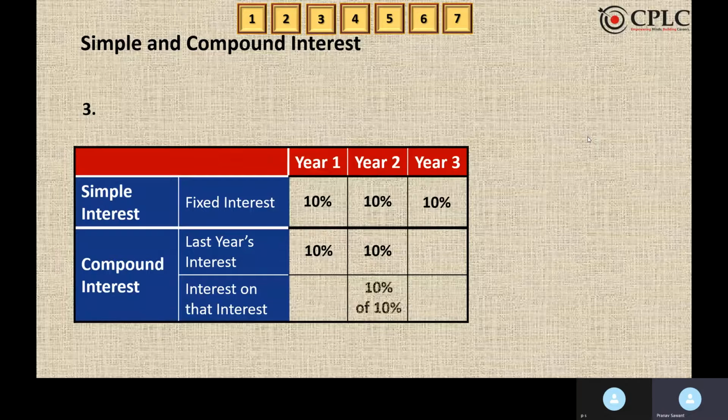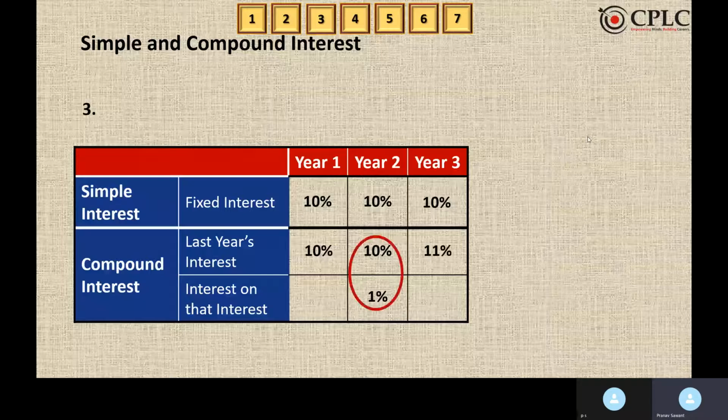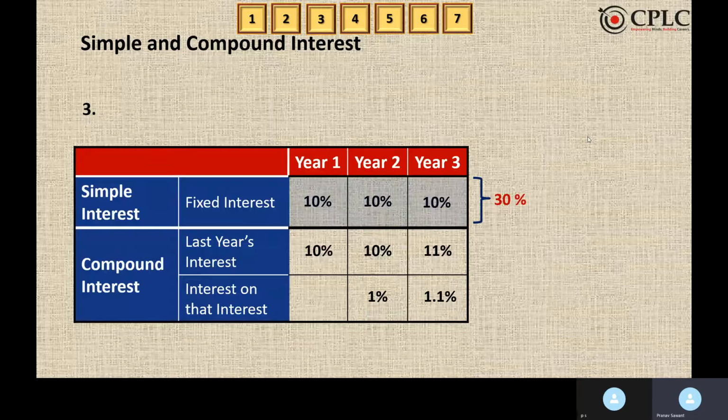So the compound interest for the second year is going to be a total of 11%. Now for the third year, we will again calculate 10%, but now of 11 because 11 is for the second year. 10% of 11 is 1.1. Hence, we will get the value of compound interest for the third year, that is 12.1%.